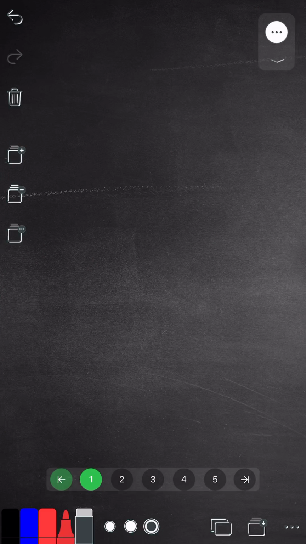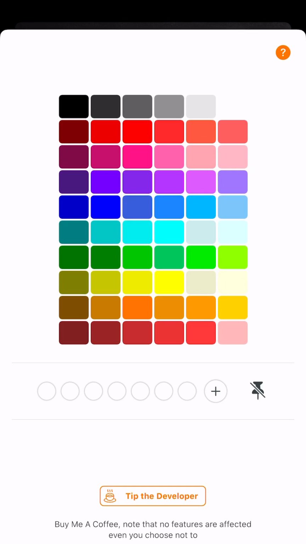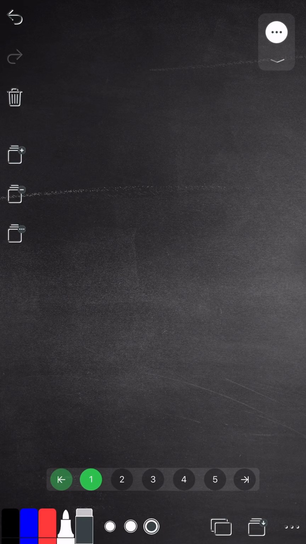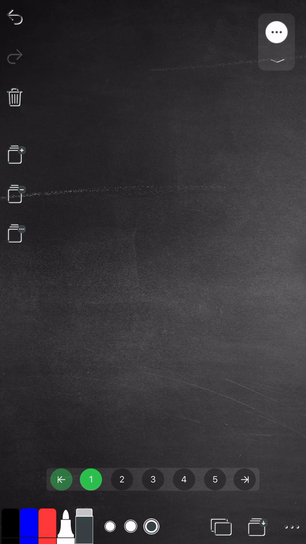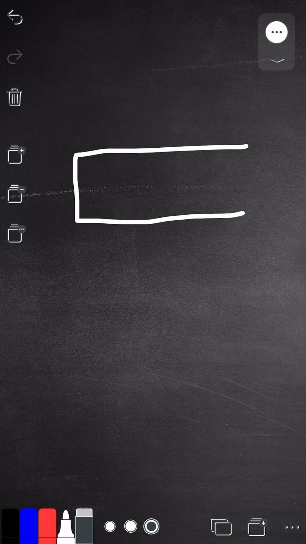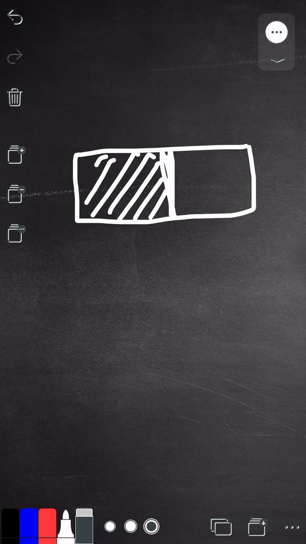Now let me give you an example here. I'm giving you 2 shapes, and you send me in Teams if these are equivalent fractions or not. I have this rectangle. It's cut into 2 halves, and I have colored 1/2.